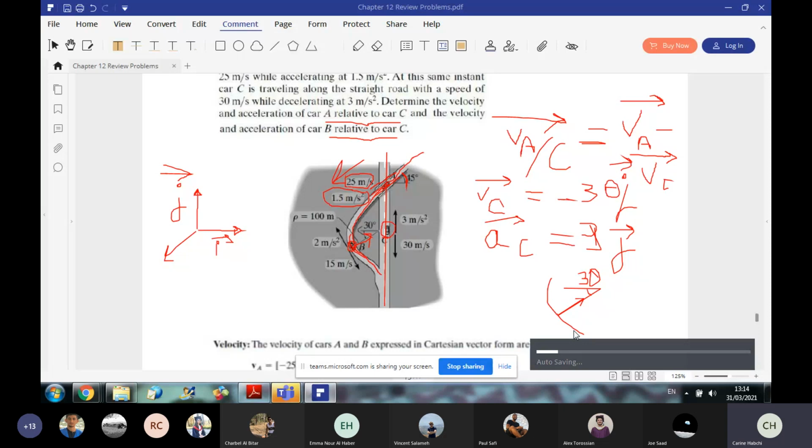Now we should decompose UN and UT on i and j to be able to find the expressions of an and at in terms of i and j. For the velocity, which is along UT, you can say that the velocity vector is equal to the velocity magnitude times UT.